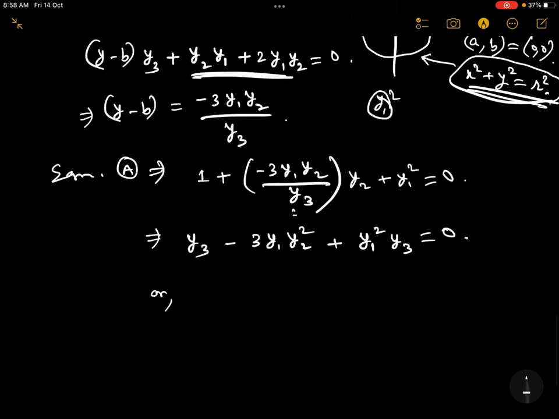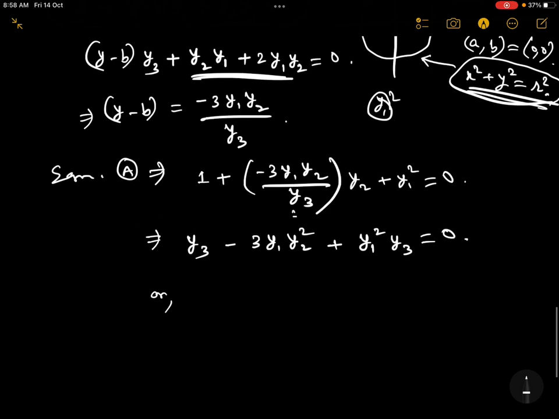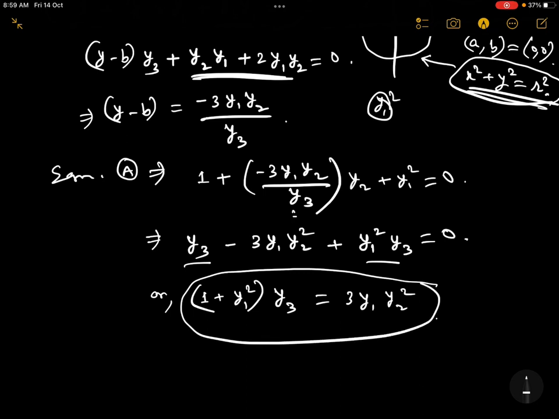Or y3 you can take common here. So (1 plus y1 square) y3 equals 3y1 y2 square. Yeah, this much.